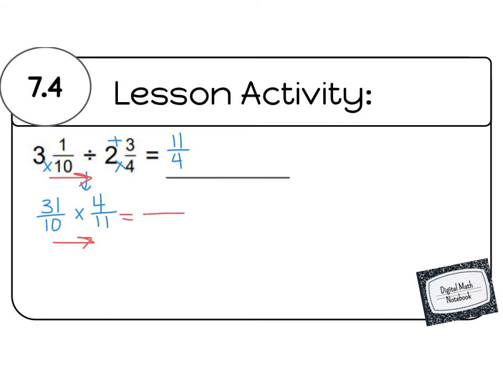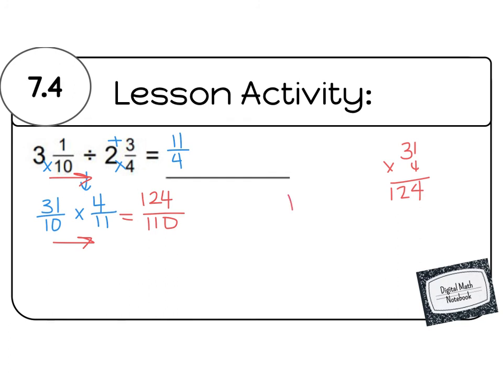The bottom number I know is going to be 110, but let's multiply 31 times 4. 1 times 4 is 4, and 3 times 4 is 12. So we get 124. And 124 is bigger than 110, so that means we need to divide.